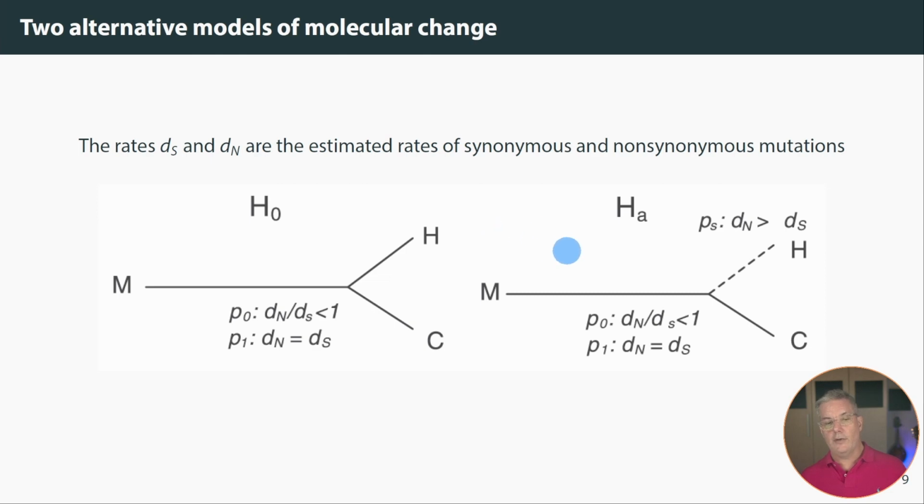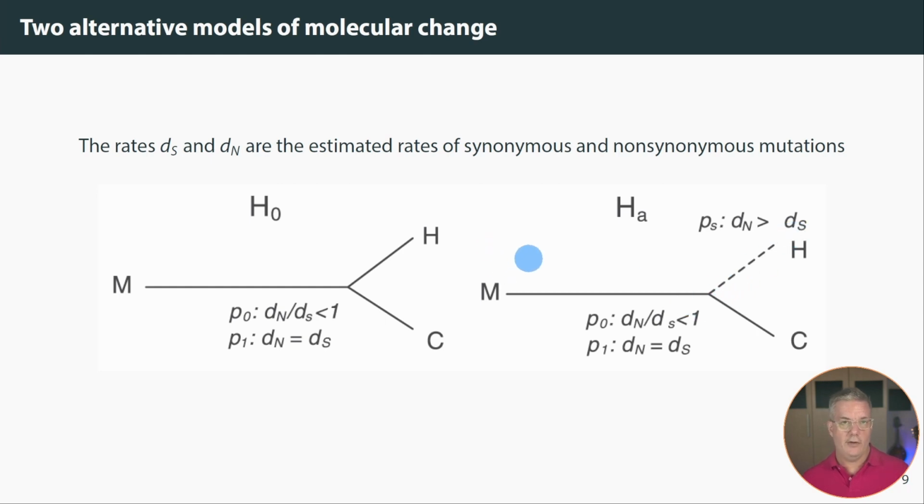Now, the alternative hypothesis is that, in particular, on this one branch, the rate of non-synonymous change is larger than the rate of synonymous change. So these are the two hypotheses that are compared, and we're allowing for this different possibility in this alternative model.